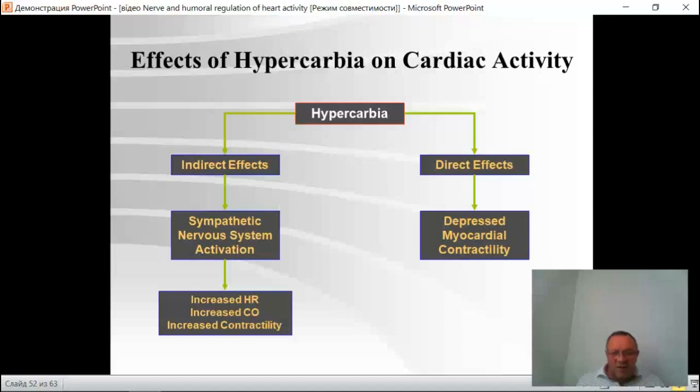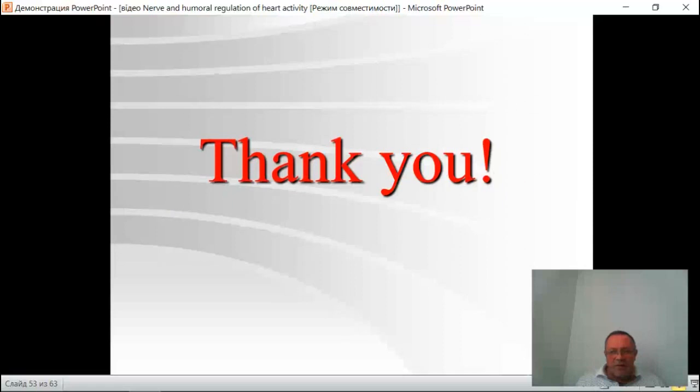Direct effects result in depressed myocardial contractility. Different concentrations of carbon dioxide give different results on heart activity. Thank you for your attention.